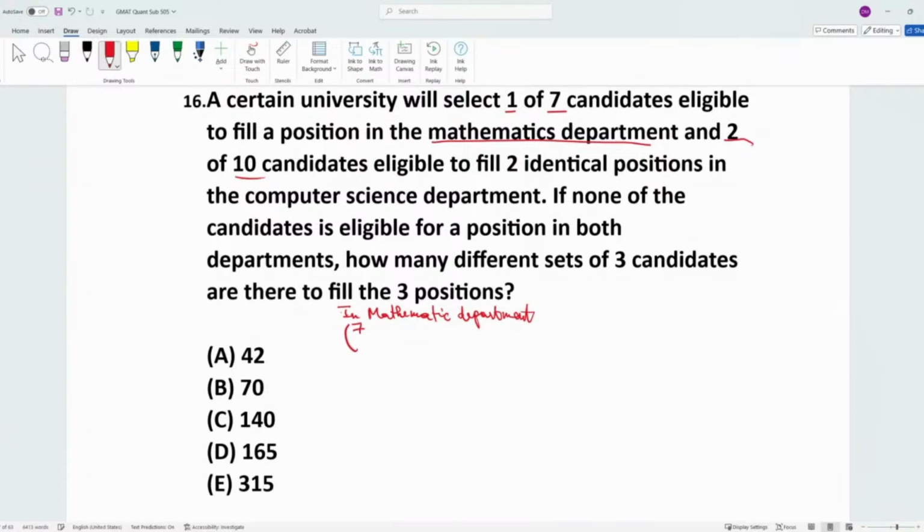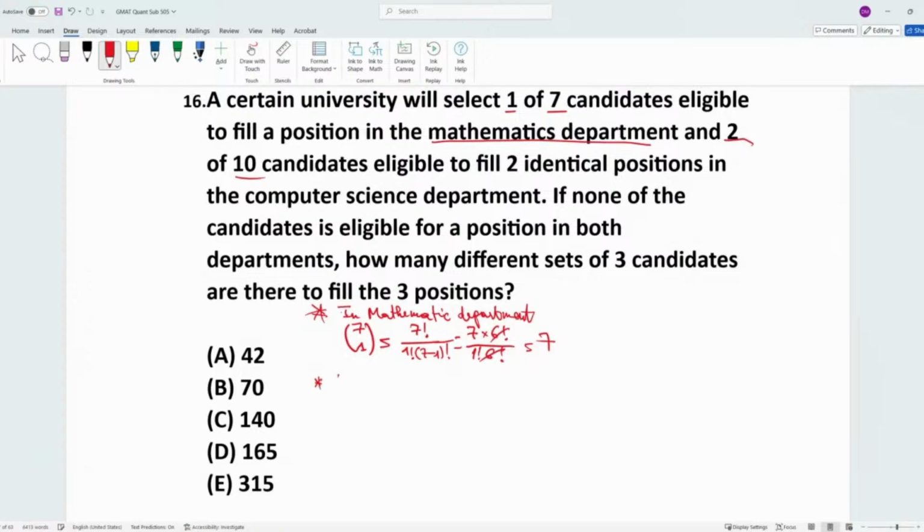So we say 7 choose 1, which is 7 factorial over 6 factorial times 1 factorial, which is equal to 7. So in the mathematics department, we have 7 possible choices.